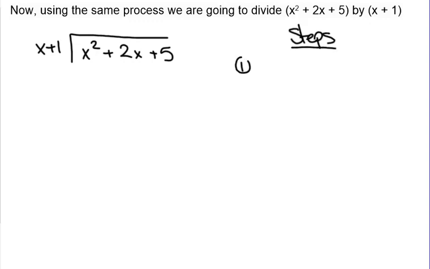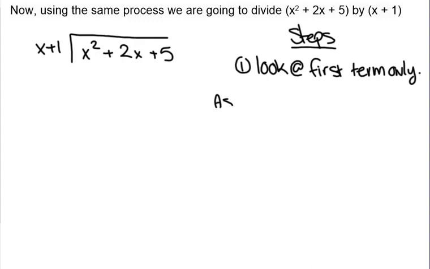So 1, we are going to look at the first term only. Oh, before I get too far, you need to make sure that your polynomial that's under your division symbol is in descending order. So we're going from a squared to a linear to no x term.